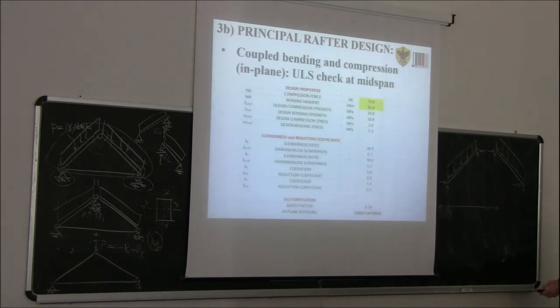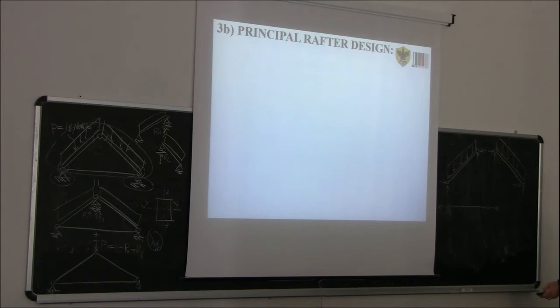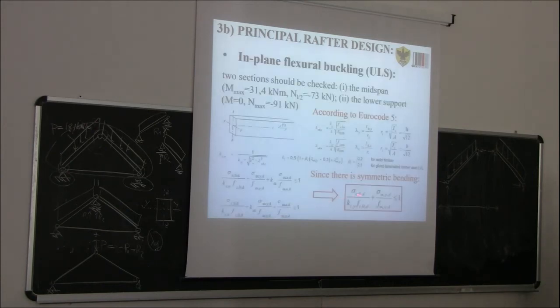Go back one. Here. So it will be basically this ratio here. This ratio shall be less than or equal to 1. So in the first case we get 0.78 when we check at the span.